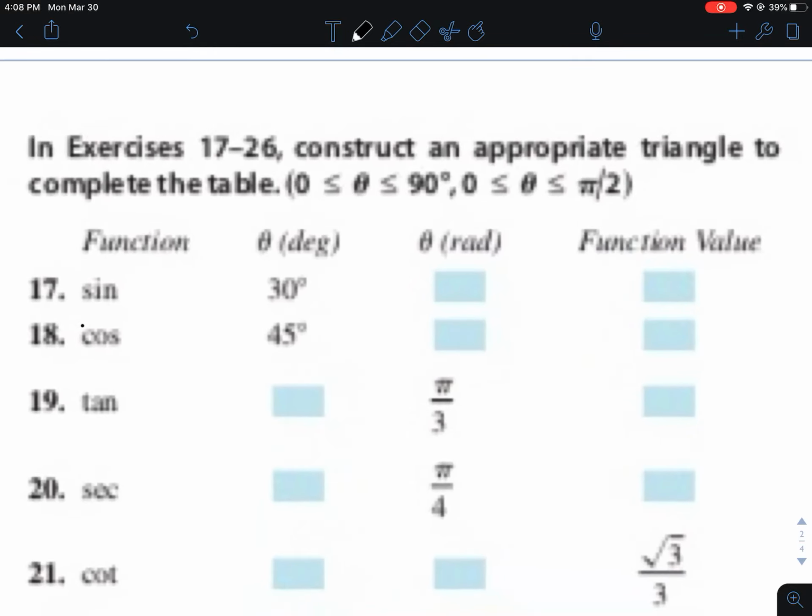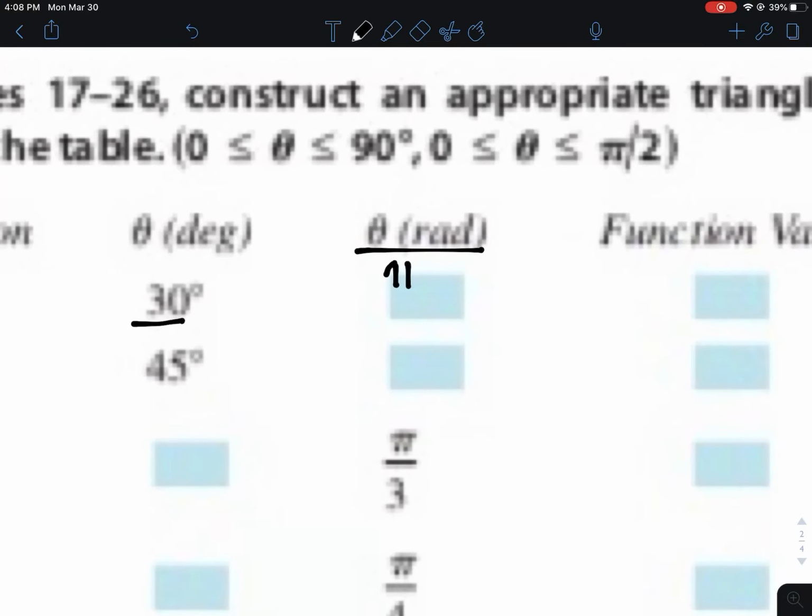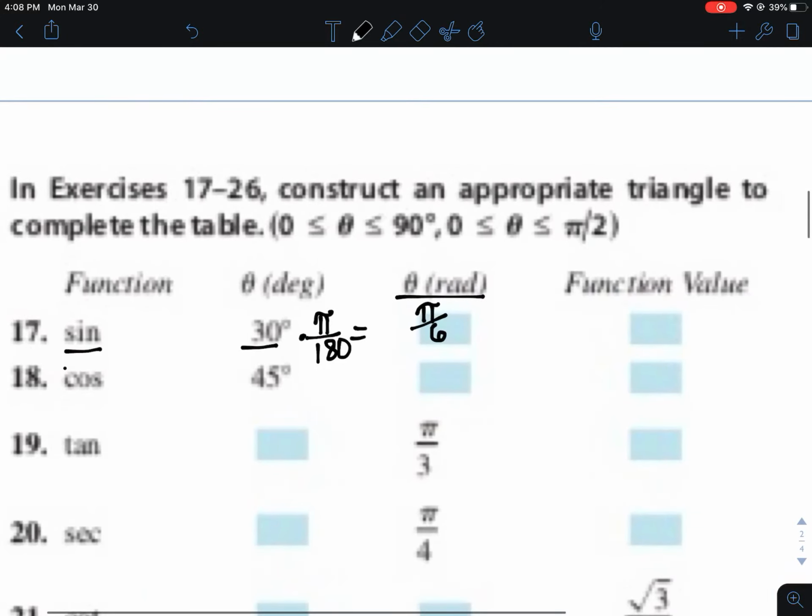So 17, it gives me the sine, and it wants to know that value for 30 degrees. Well, first it wants to know what is 30 degrees in radians, and that is pi over 6. Remember, if you're not sure, you're multiplying by pi over 180 to convert, and that would give us pi over 6.